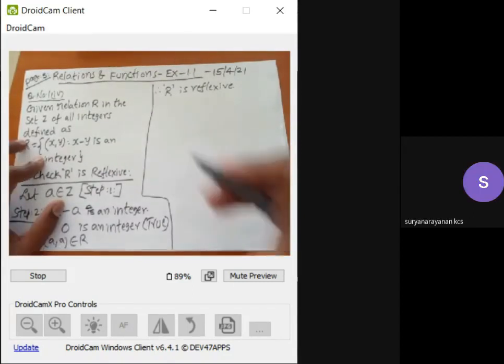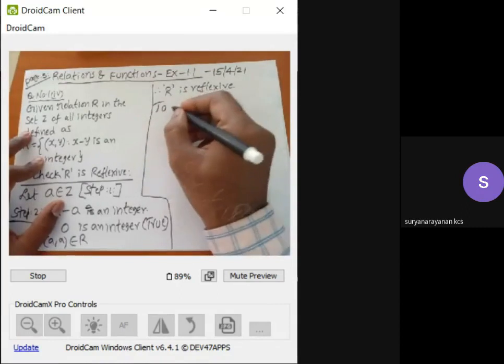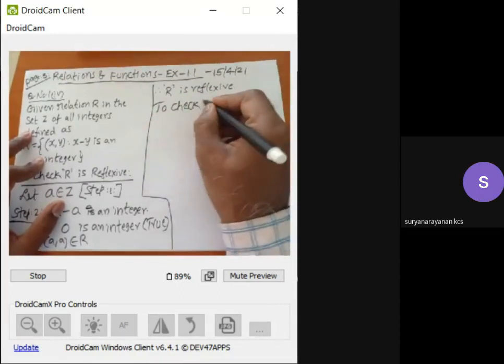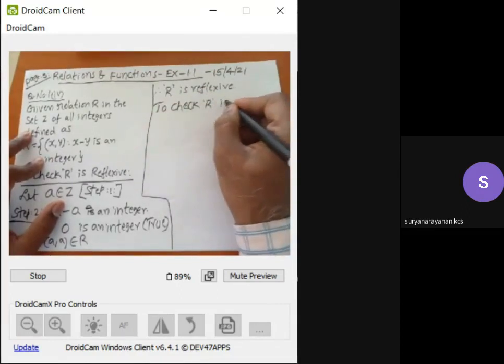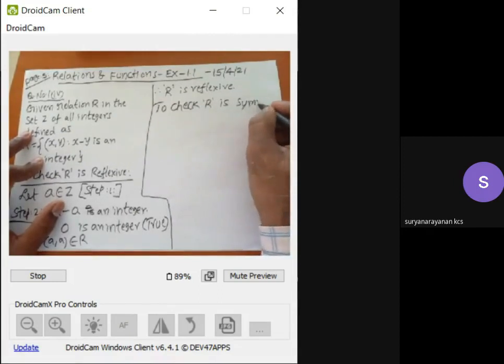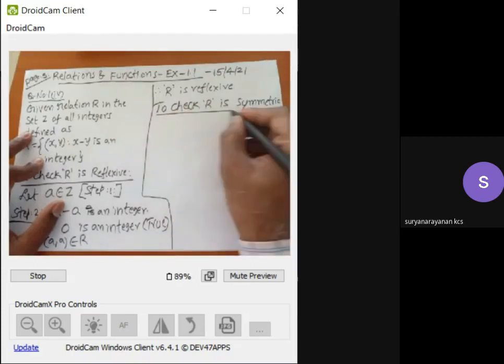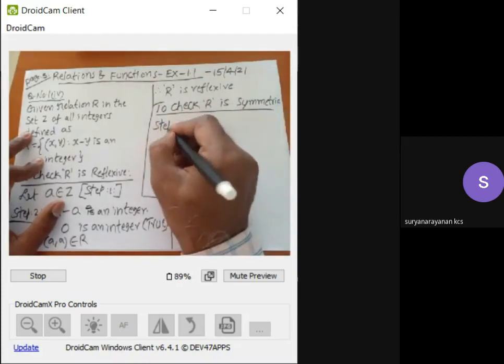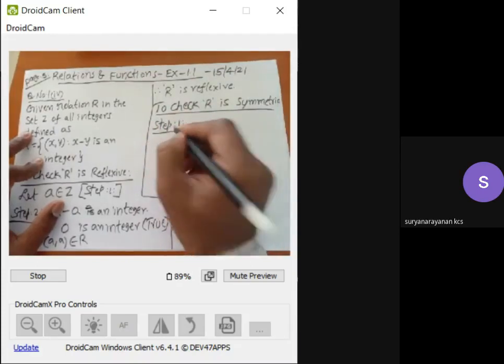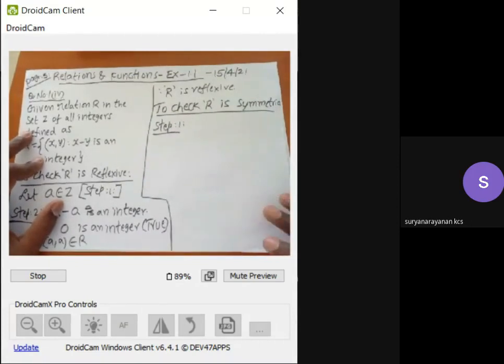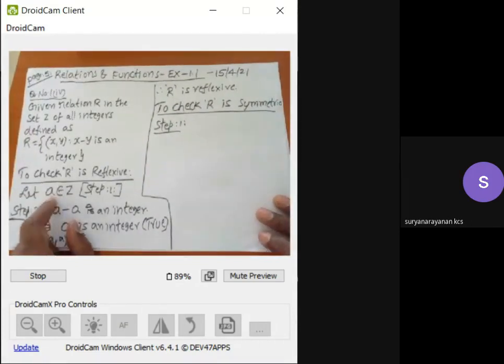Right. Now, to check whether R is symmetric. Step 1. To check whether the relation R is reflexive, we chose only one number from the domain.